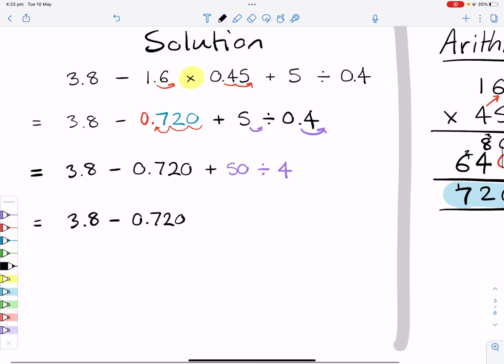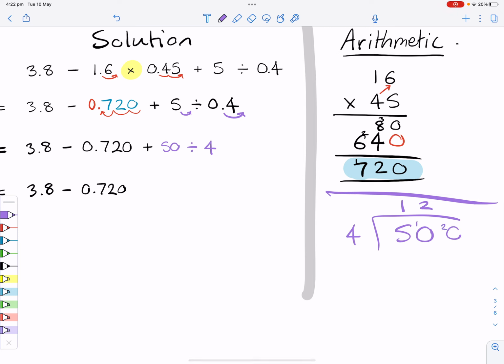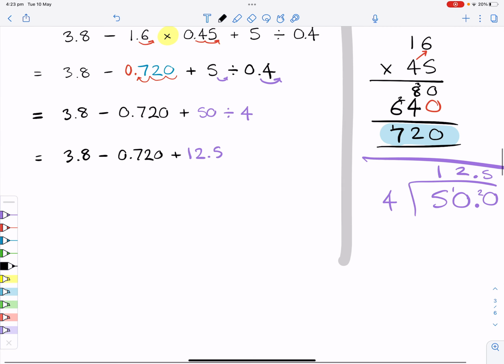So that'll be 4 goes into 50, fits 4 goes into 5 once with 1 left over. 4 goes into 10 twice with 2 leftovers. 4 goes into 20 exactly 5 times, and I put my decimal point up here. So the answer is 12.5. Here's my 12.5. Because I can bring that number and now put it here.